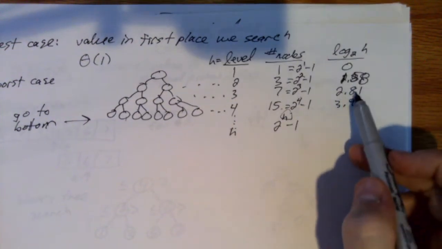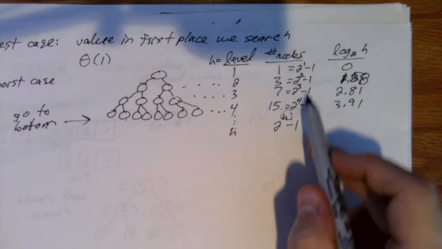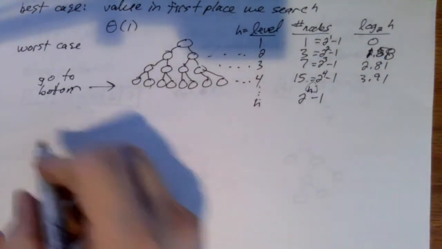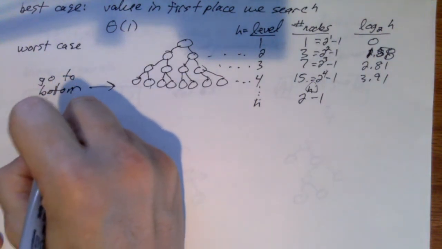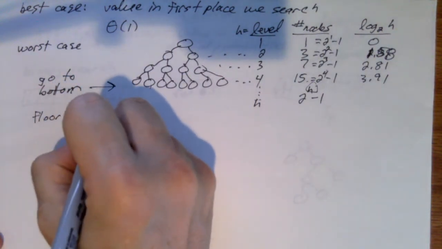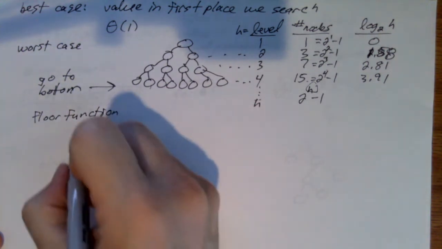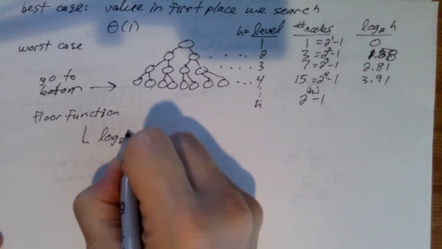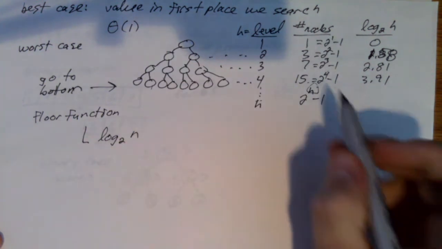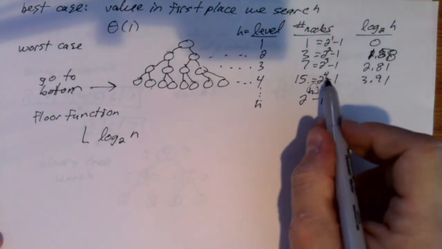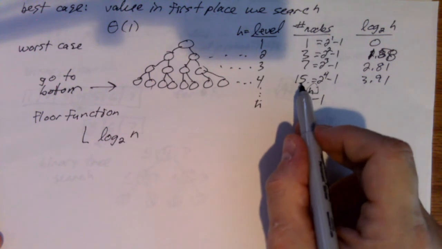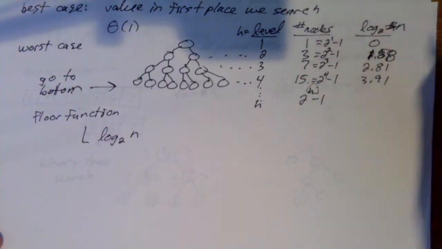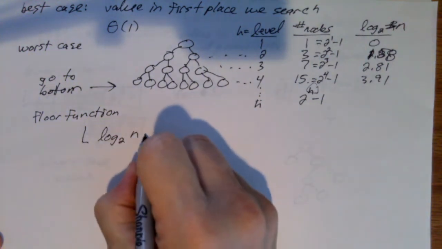Well, these values obviously aren't exactly 1, 2, 3, 4. How do we get those? Well, we can use a floor function. So we say the floor of log base 2 of n, because this was 15, log base 2 of 15, so this is actually n, plus 1.